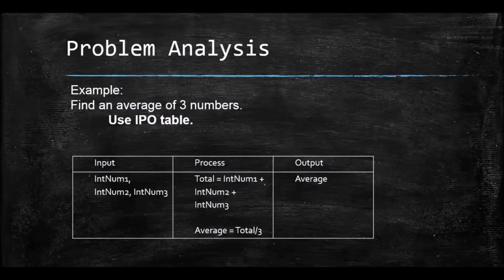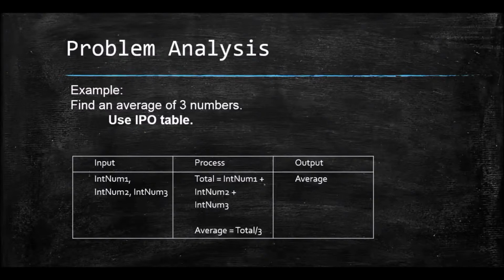Let's think about this logically. If we want to calculate the average of 3 numbers, first we need those 3 numbers. Thus, based on the IPO table, those 3 numbers are considered input, the data that needs to be read. Those 3 numbers we must name. Let's name them as num1, num2, and num3.